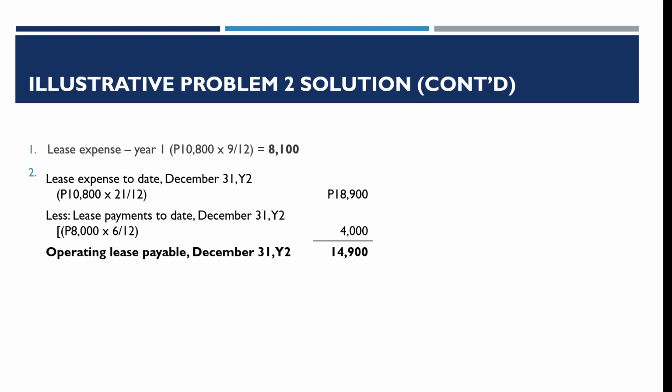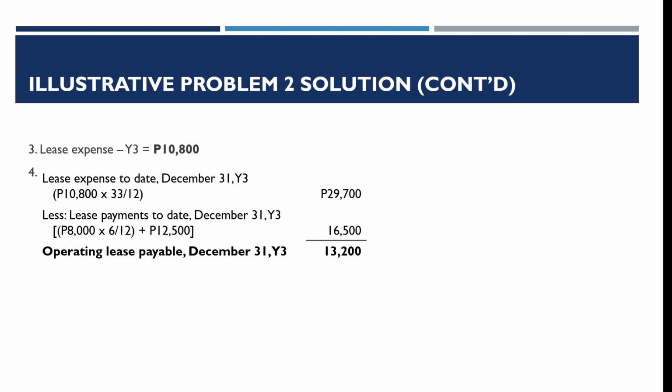Since the first 6 months of the first year is rent-free, kaya 6 months pa lang ang nababayaran natin. Malinaw tayo, okay? Tandaan nyo, nagbabayad tayo ng annual lease every March 31 of each year. March 31 of year 2, nagbayad pa lang tayo dyan ng 4,000. Yung susunod na bayaran, next year, year 3 na. Okay? Sige.